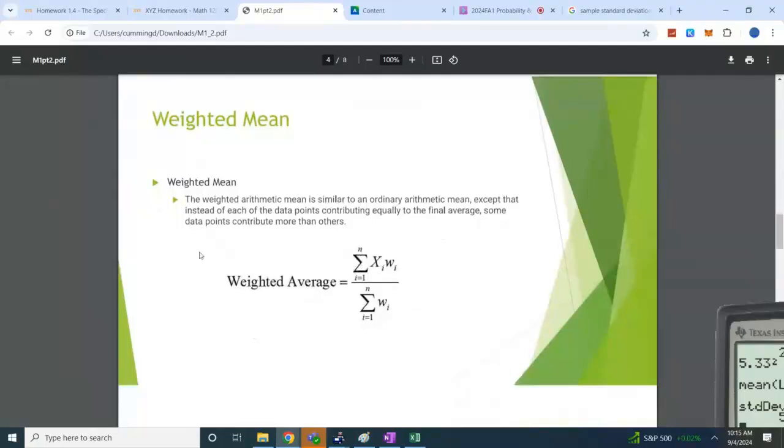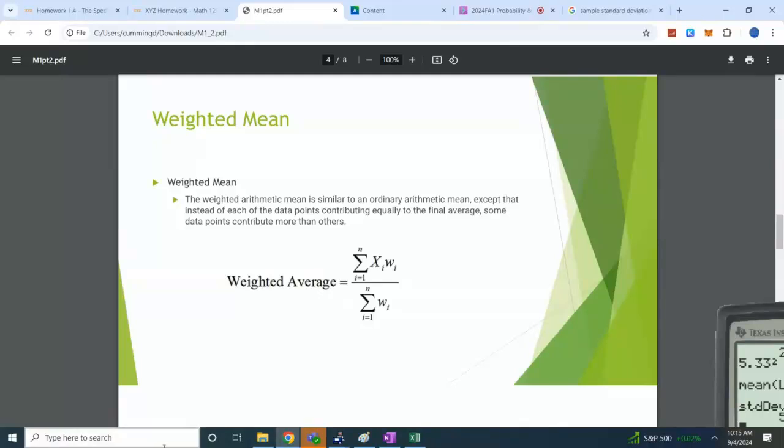There's a convoluted kind of formula for this. The weighted arithmetic mean is similar to the ordinary arithmetic mean, except that instead of each data point contributing equally, some data points contribute more than others to the final average.